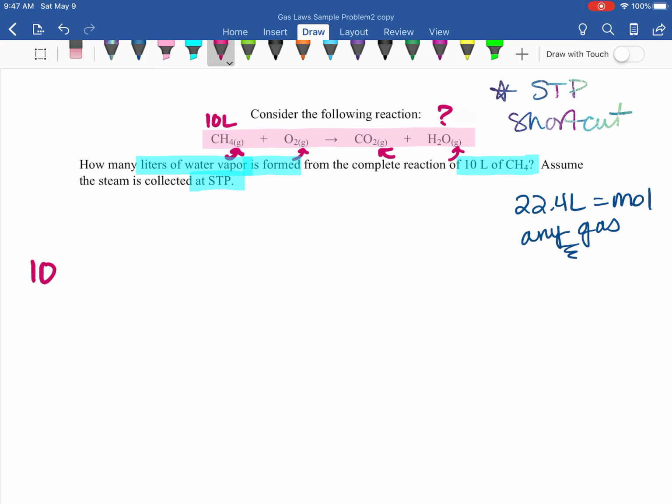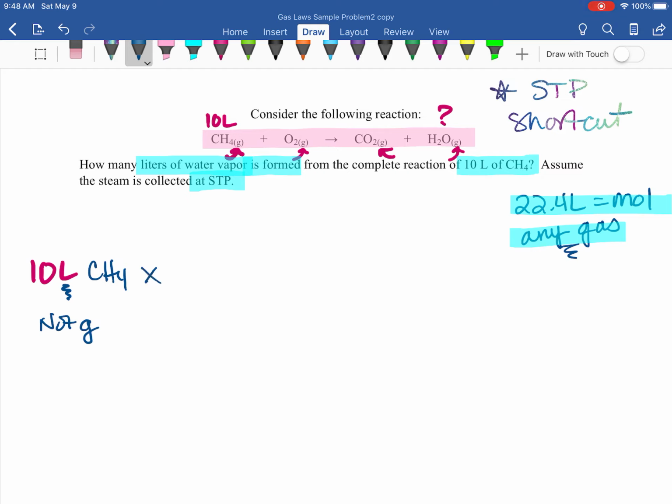Okay, so this is still gas laws in Unit 3 combined, only look at what we're starting with: liters and not grams. So if you are at STP, you get to use this as your unit conversion. And then we can go to moles of our water.